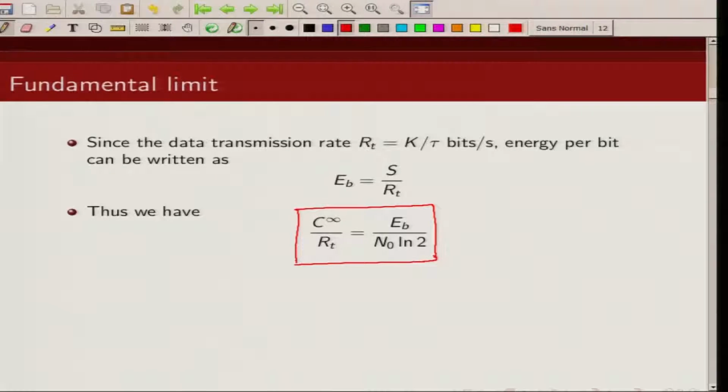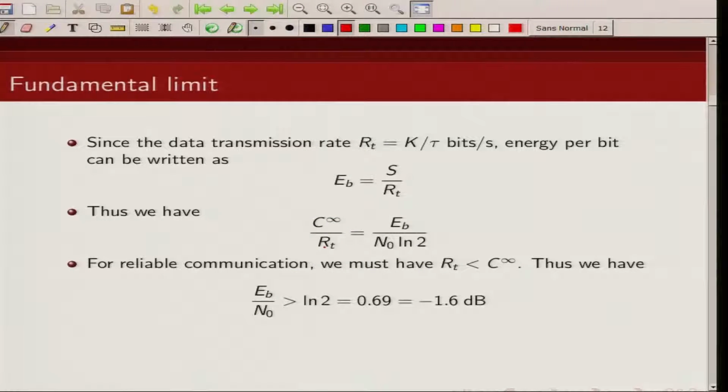Now, we know from Shannon noisy channel coding theorem that as long as transmission rate is less than channel capacity, we can reliably communicate over the communication channel. So, we want R of t to be less than this channel capacity.